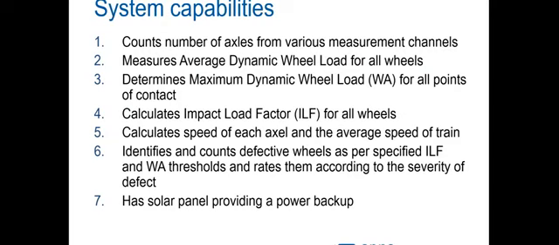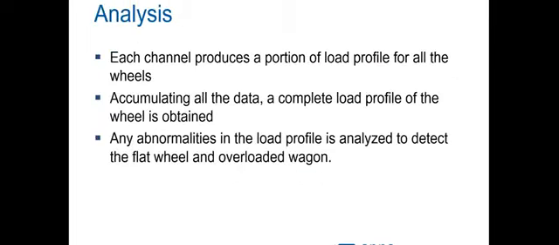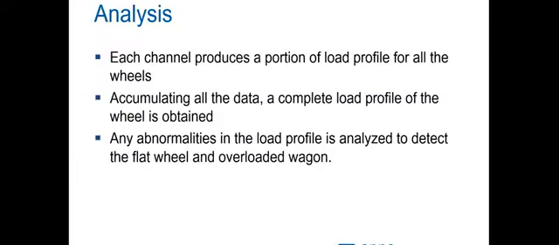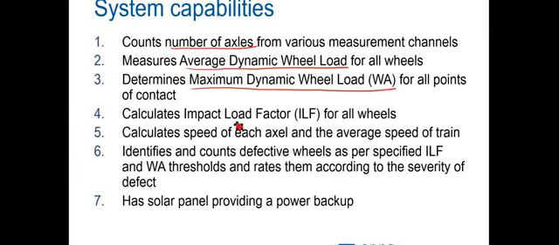So the beauty of WILD is that it's able to count the total number of axles. It's able to measure the average dynamic wheel load for each of the axles. It's able to determine the maximum dynamic wheel load, which is this peak that we are looking at. And it calculates an impact load factor, that is the ratio of this maximum dynamic wheel load and the average dynamic wheel load.